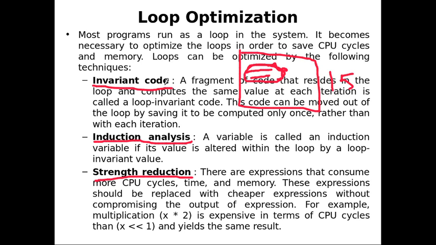I am repeating once again: in a loop you have many instructions. Some of them, instruction I and instruction I plus 1, have certain code that always has the same content at each iteration. For all the iterations, the code of those two instructions does not change. That code is technically called invariant code.